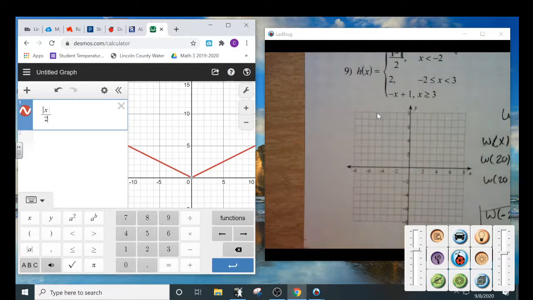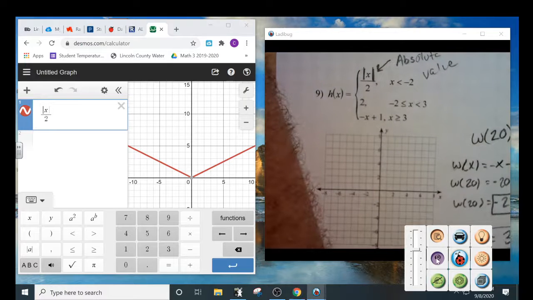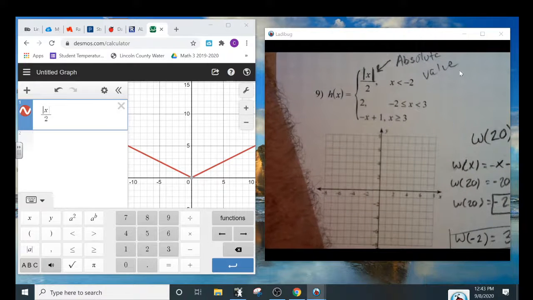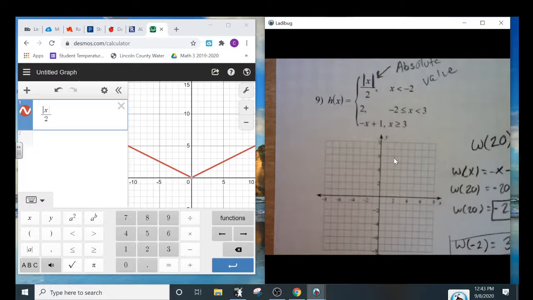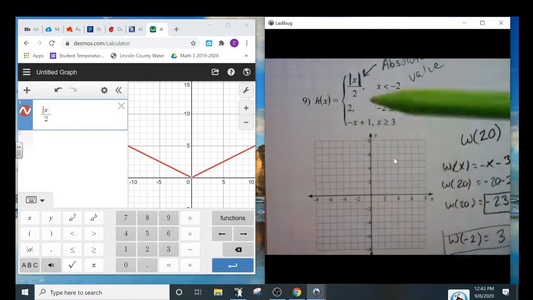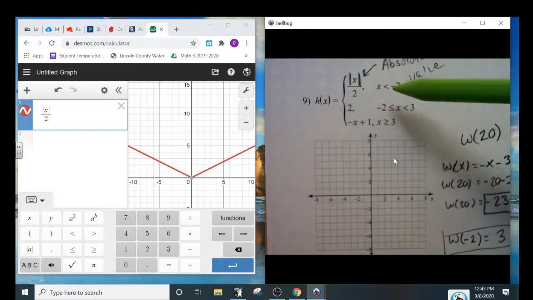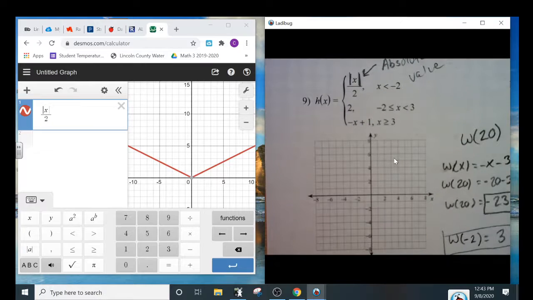Now, guys, looking at our paper, we're going to graph the absolute value of x divided by 2 when x values are less than -2. Okay, so now I don't care about any x value that's greater than -2.